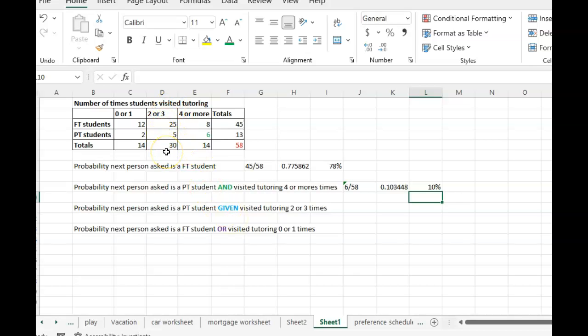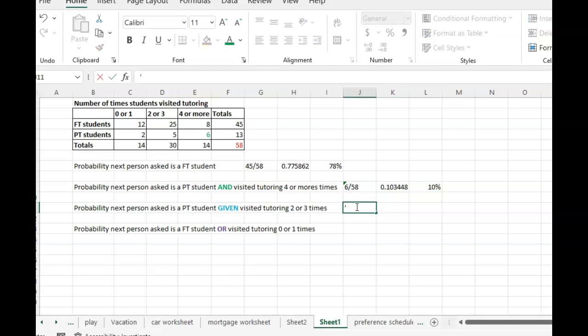This is the information that's given to us. We only care about this total of students. So our denominator is going to be 30. What we're looking for is a part-time student out of those that have visited tutoring 2 or 3 times. So the part-time students is 5, and we're going to divide that by the total in this category, which is 30.